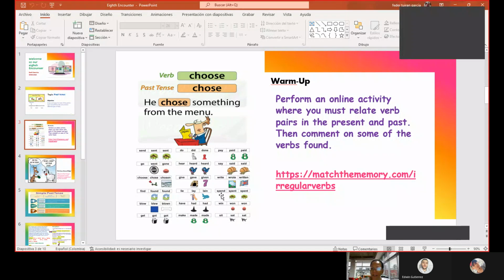What else? I remember come, came, run, ran, take, took, give, gave, go, went, grow, grew, see, saw, eat, ate, do, did. Okay.